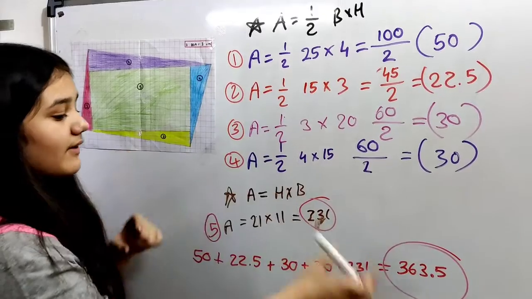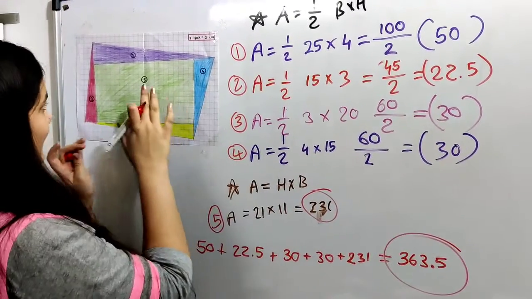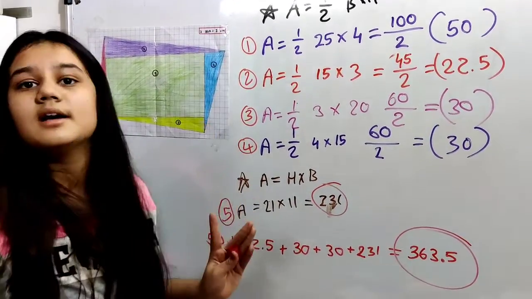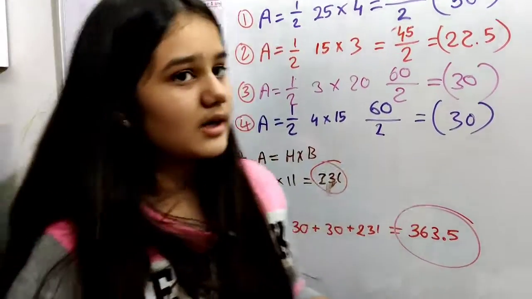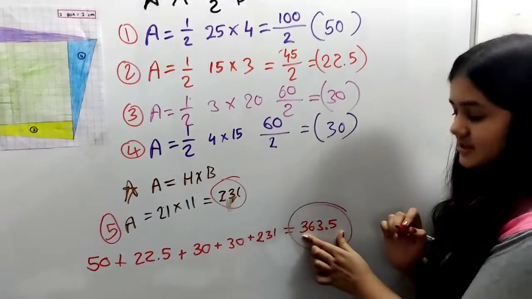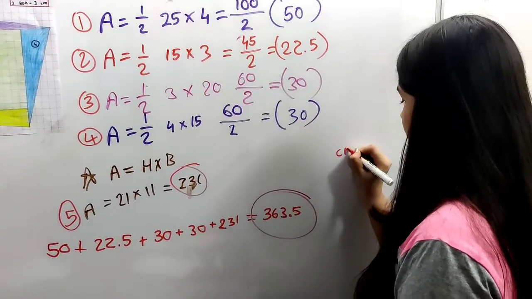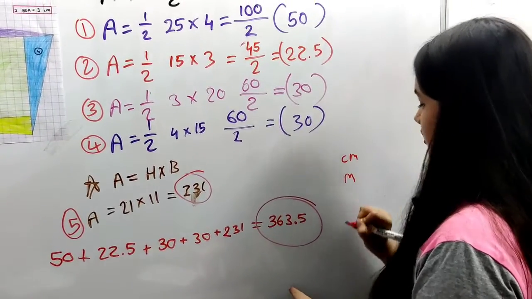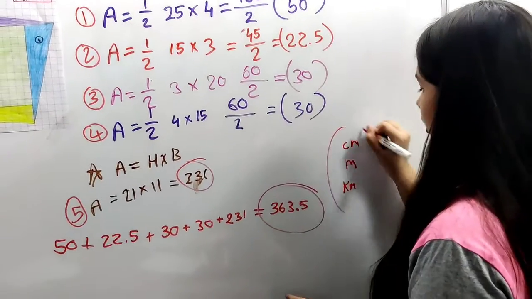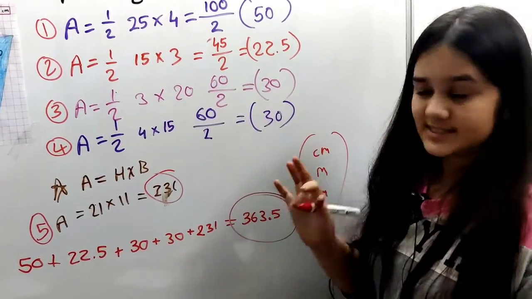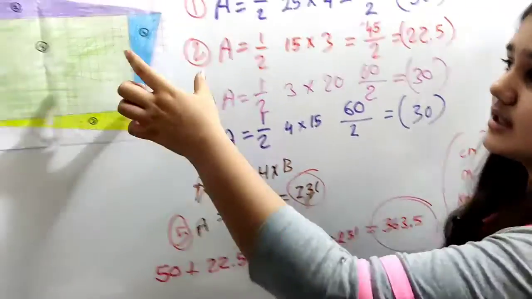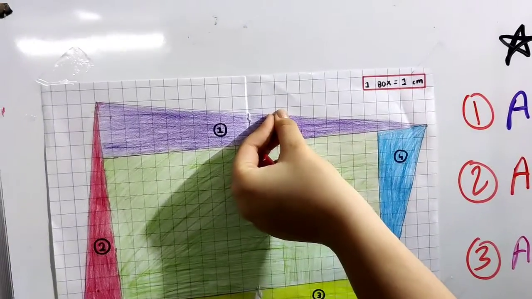So you can find the area of this uneven shape by using this method. Now just remember, this answer could be written in centimeter, meter or kilometer. And all this is basically called units. Over here you can see in my graph, I have a 1 centimeter box over here.